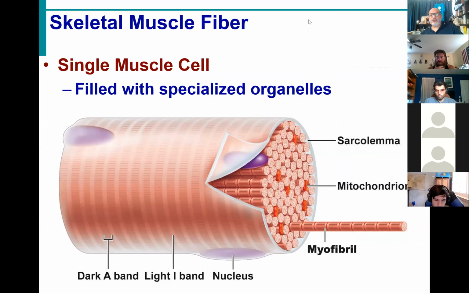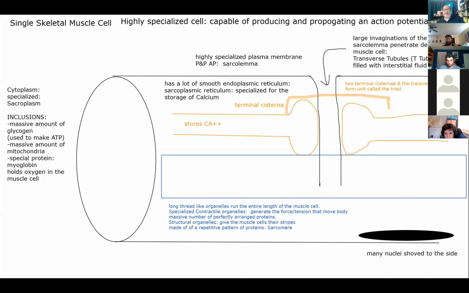We see the nuclei that have been pushed to the side by these massive number of thread-like organelles known as the myofibrils. Did I say that? No. I did not. Excellent. Let's go back to that. This big, long thread-like organelle is called a myofibril. And again, like I said, it is made up of sarcomeres.